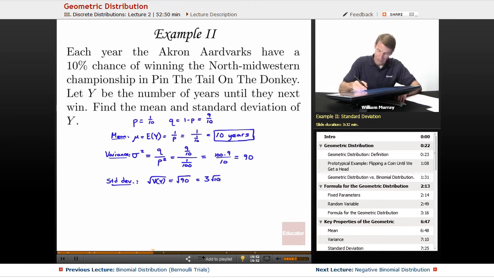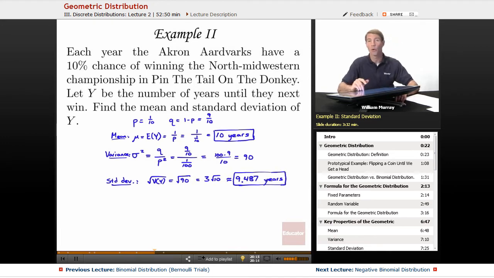I just threw that into my calculator before I started this, and what I came up with was that 3 square roots of 10 is 9.487. And again, our units there are years. So the standard deviation in the waiting time is 9.487 years.